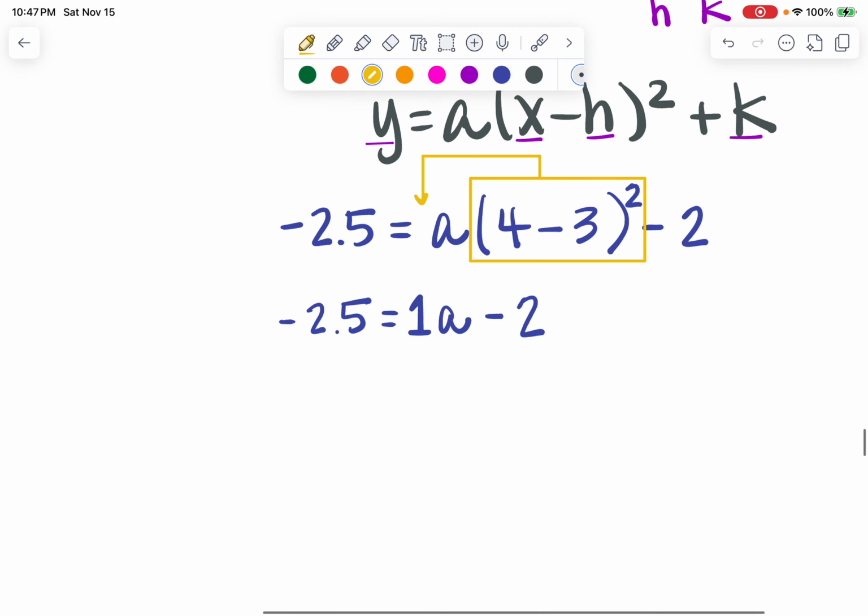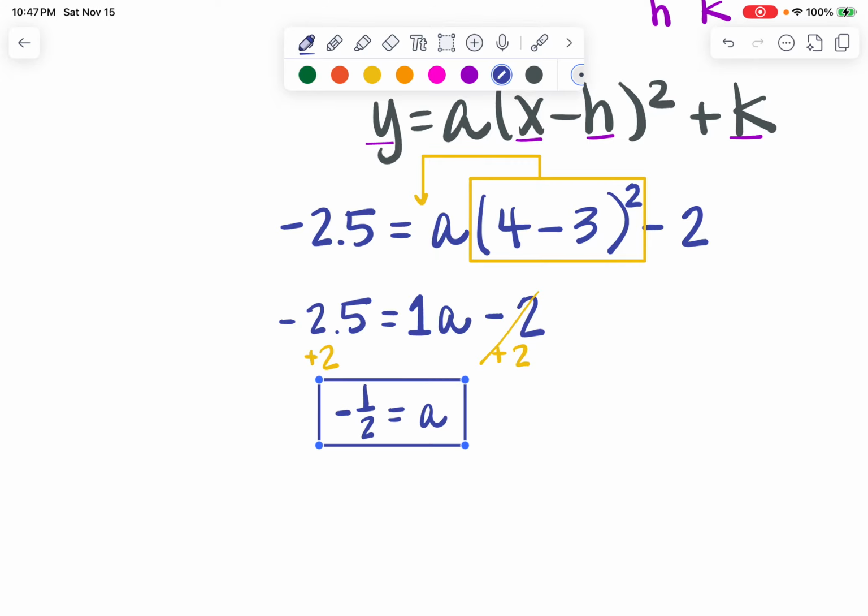Well, it's already just an a almost by itself. The only thing we need to do is add the 2. So if I add 2, I'm going to get a equals -2.5 plus 2, which is going to give me -1/2 or -0.5. I don't care if you write it as a decimal or a fraction. Either one is fine. So this is our a value.